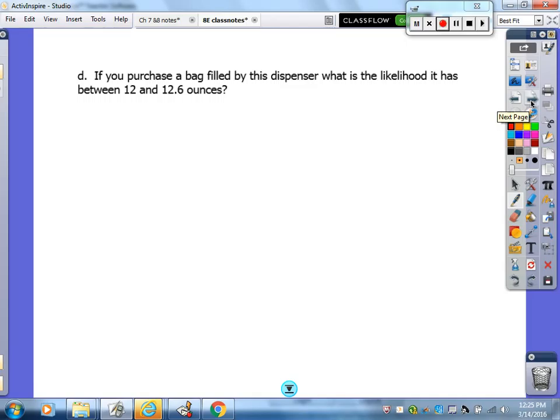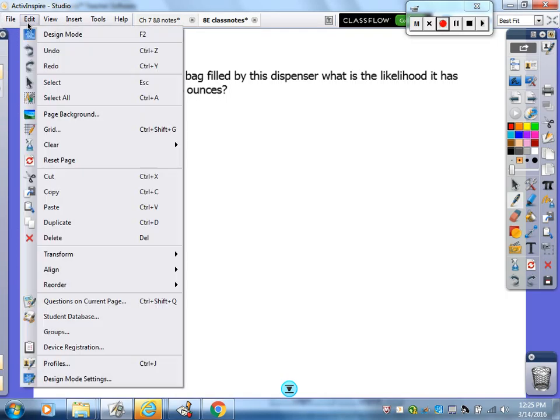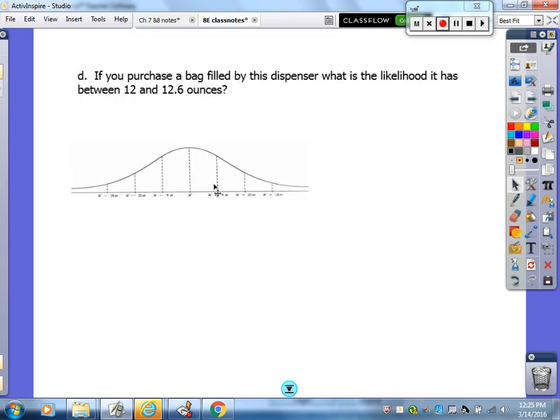If you purchase a bag filled by this dispenser, what is the likelihood it has between 12 and 12.6 ounces? All right, let me paste my picture here again. Okay. All right, so we got 12 and 12.6. So we're looking between these two values. Notice we're bounded on both sides.